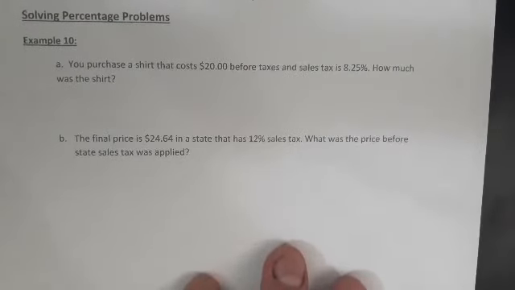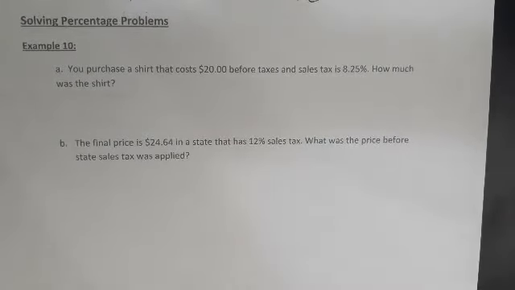We want to solve a few more percentage problems. I want to kind of get a hang of this. To me, there are two ways this can go. It can either go up or down, or it can go new or old.